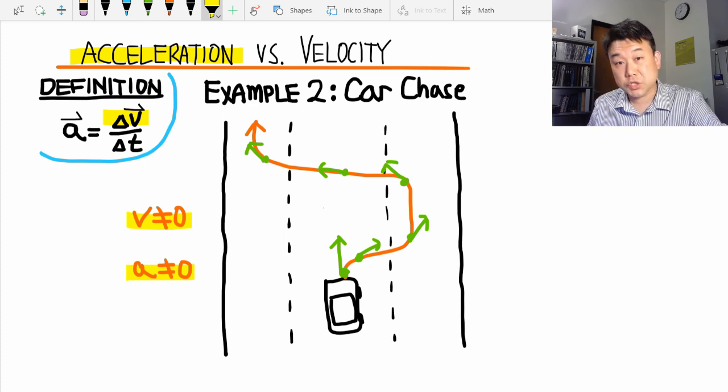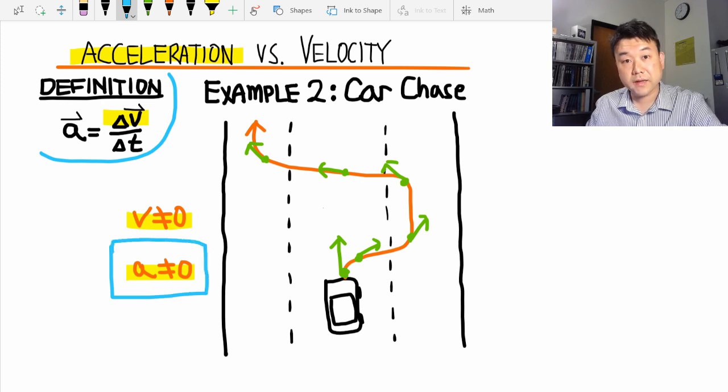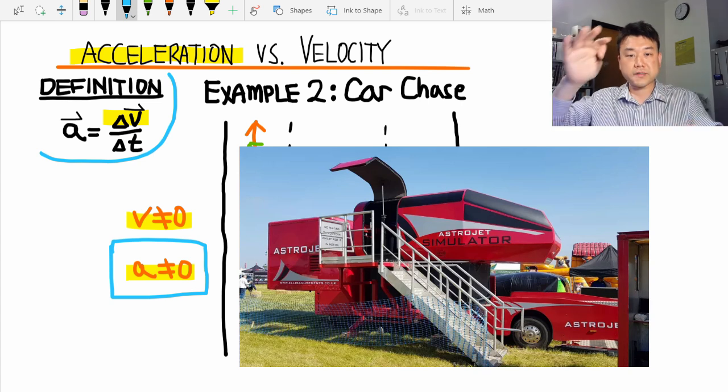There are machines called motion simulators. And what the motion simulator simulates is the acceleration. You can kind of see that from outside. When you look at the motion simulator from outside, its velocity is more or less zero. It's not going anywhere, but it's jerking back and forth and it's tilting.